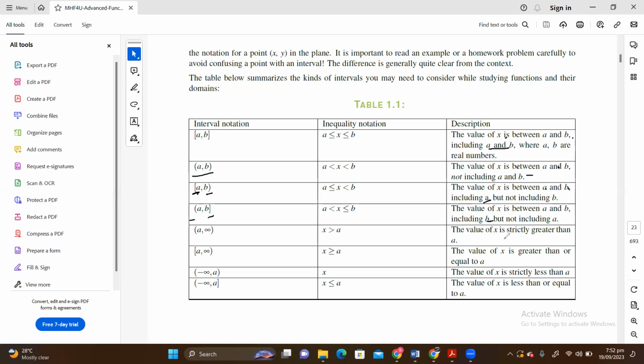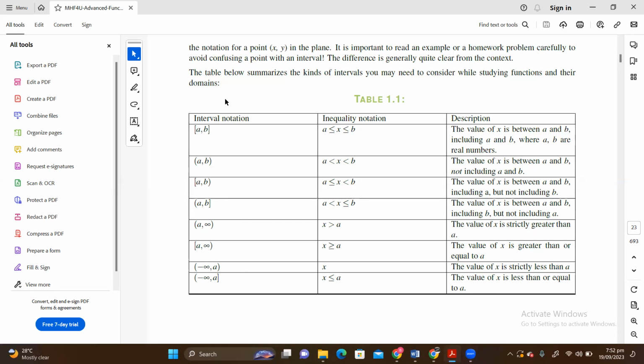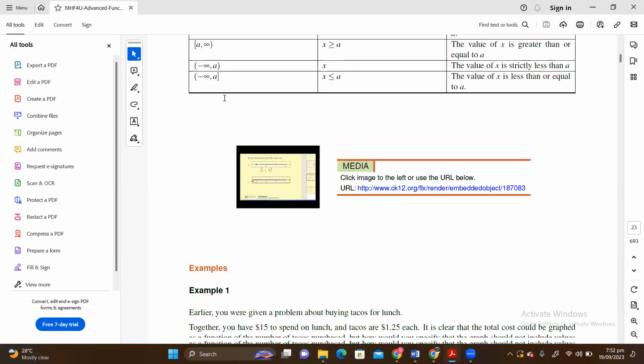The value of x is strictly greater than a, because it's going towards positive infinity, or greater than or equal to a, because here it's a closed bracket. Then strictly less than a or less than or equal to a. So this is all about open brackets and closed brackets, open intervals and closed intervals, and inequality notations for the open intervals and the closed intervals.